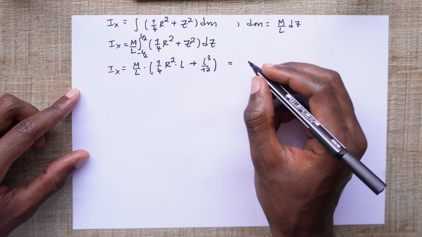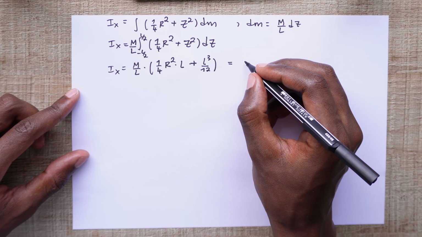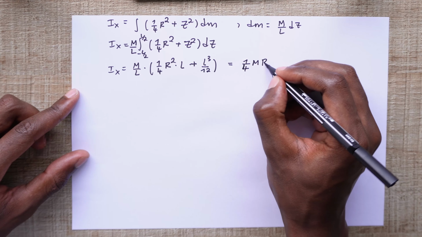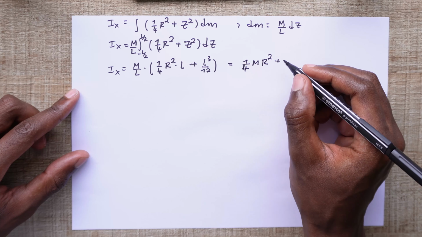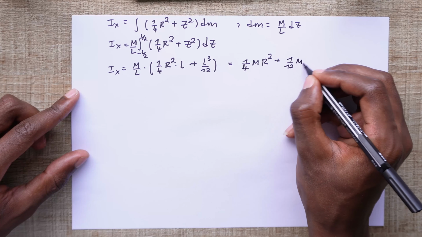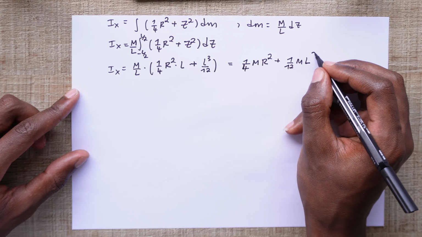So if you simplify that, we're going to have 1/4 M, the L's cancel here, r squared plus L cancels here. We're going to have 1/12 M L squared.